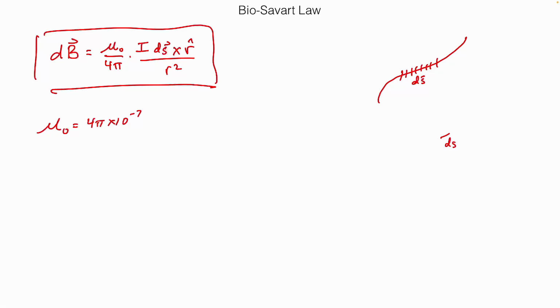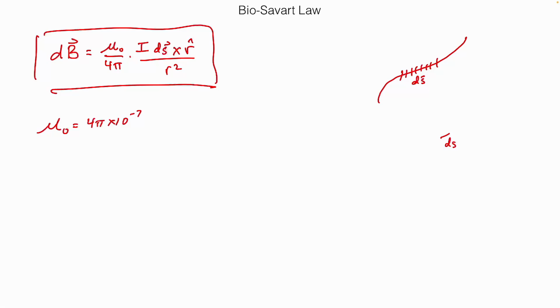4 pi, you know. What's I? Just the current flowing in the wire. What's ds? It's like the little chunk, right? There's two things you really need to figure out when applying the Biot-Savart law. You got to figure out what ds is. So for a wire that's just stretched along the x-axis, what's ds going to be? dx, right?